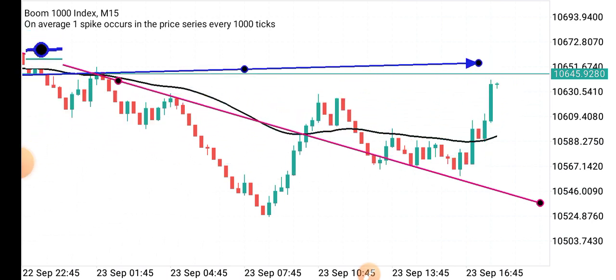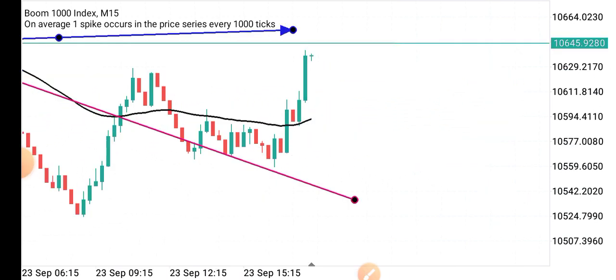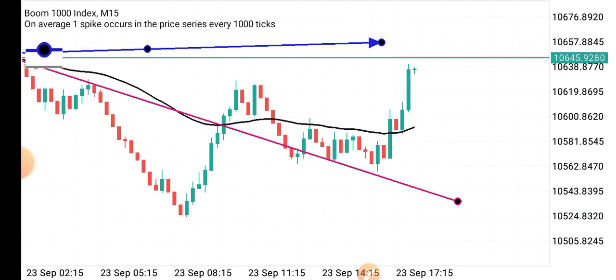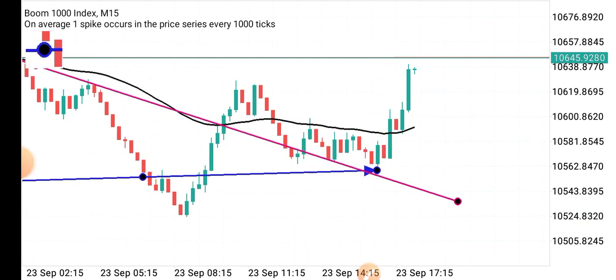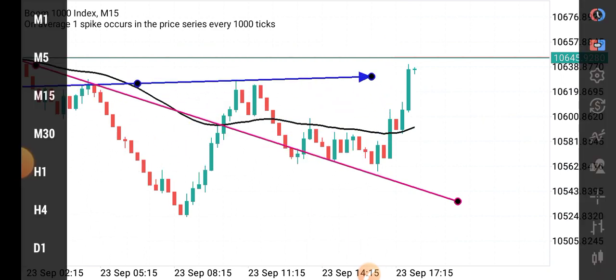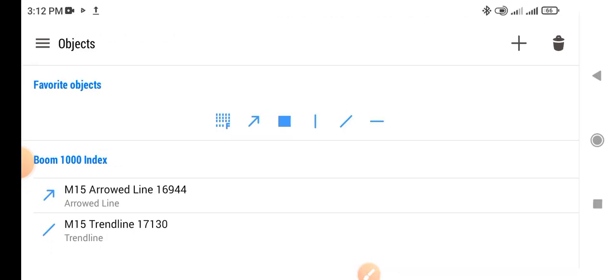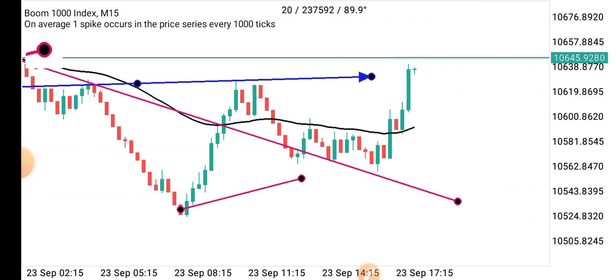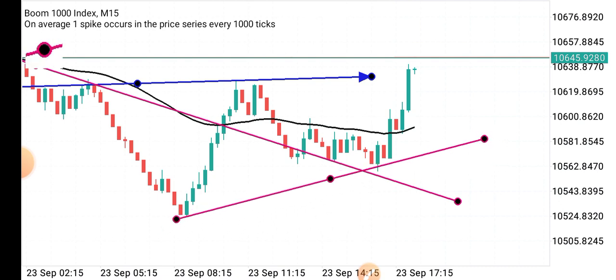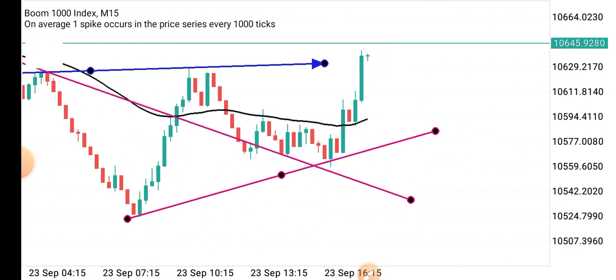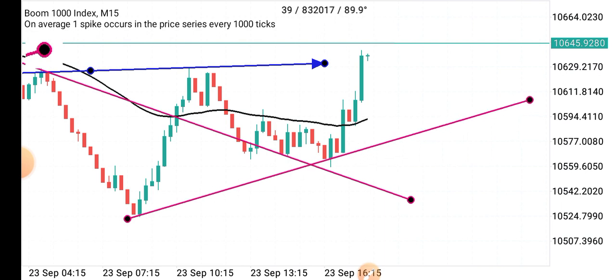So the next thing I would do at this point is draw another trend line, because this is a very clear swing point here. Take this swing point, join it with the new swing point that has been created, then wait for price to get to that level.